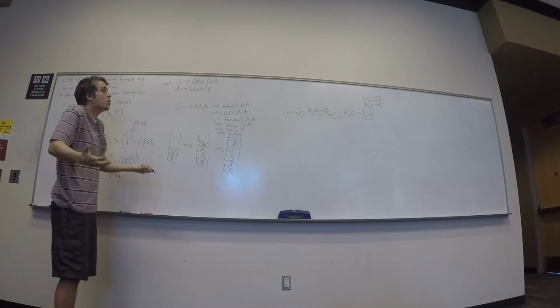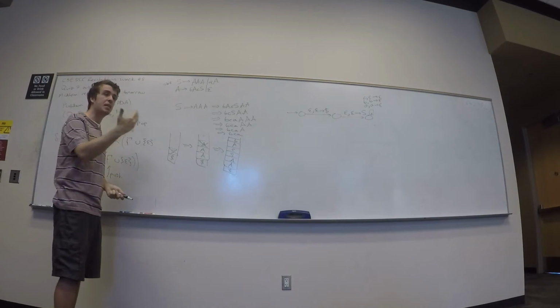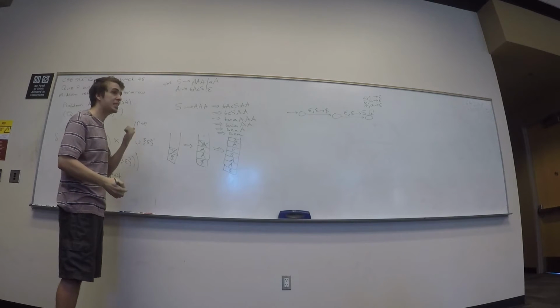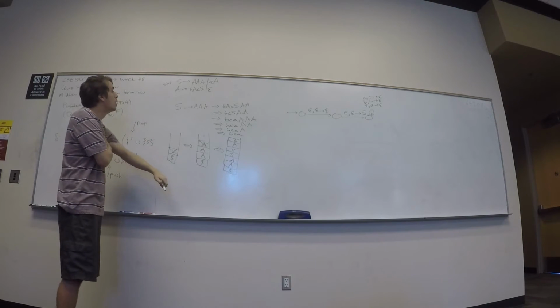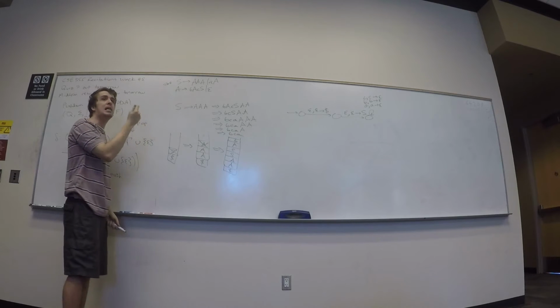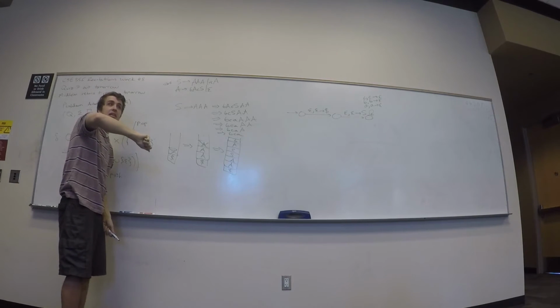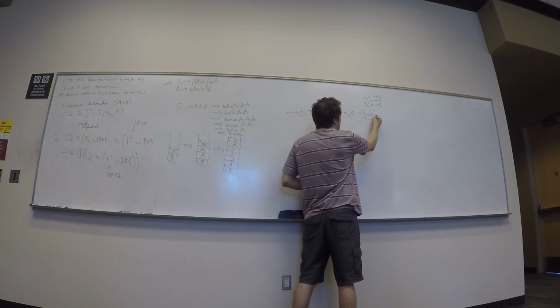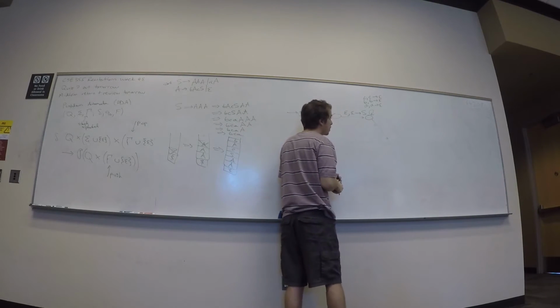Well, the only other case is that we see a variable on the stack, or we see the $ sign on the stack. So let's handle the variables first. Well, the only 2 cases are I see an S on the stack, or I see an A on the stack. So let's handle the case where I see an S on the stack.